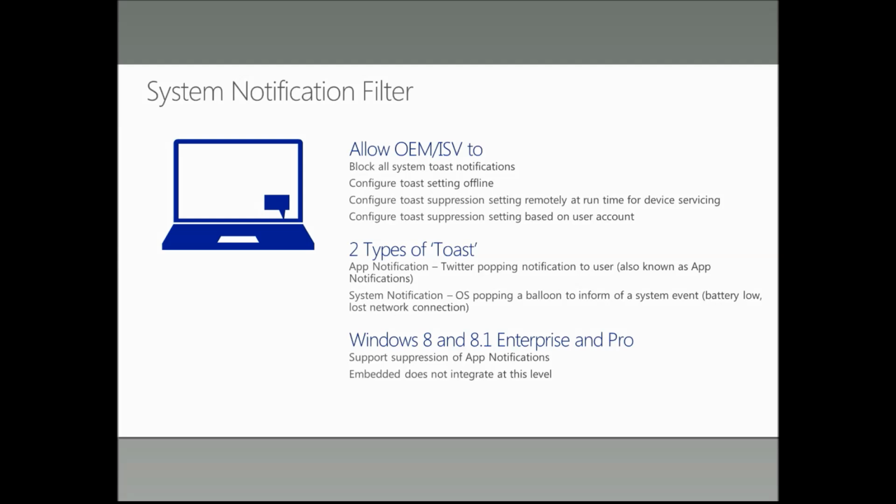Everybody's been to an airport or any kind of public setting where they saw those pop up, where they saw dialog boxes happening. Of course, that is because they didn't use embedded to build their image and didn't configure the different filters we have to take off the system notification or those dialog notification.